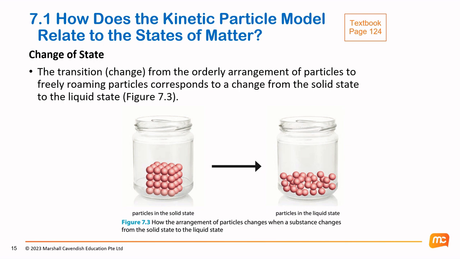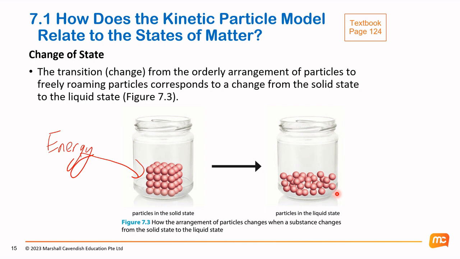But as we put more and more energy into this solid substance, what is going to happen? The particles will vibrate more vigorously, they will overcome the forces of attraction that are holding them together. And eventually, when enough of that happens, the particles will change their state to liquid because they break free. So you see over here on the right hand side of this diagram, what we do have are particles that are going to be freely roaming inside the substance.